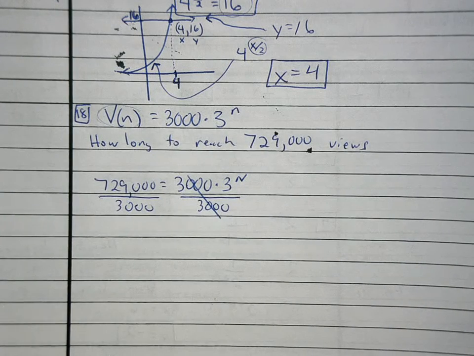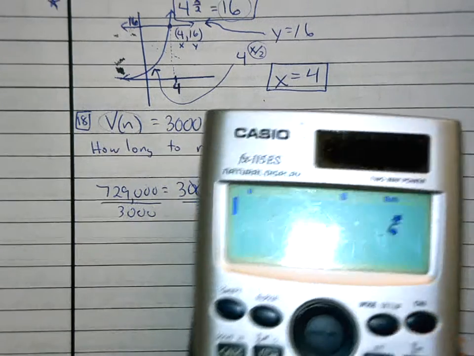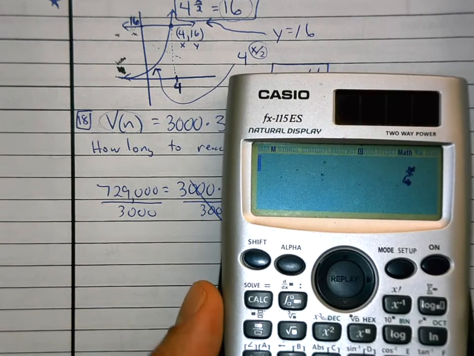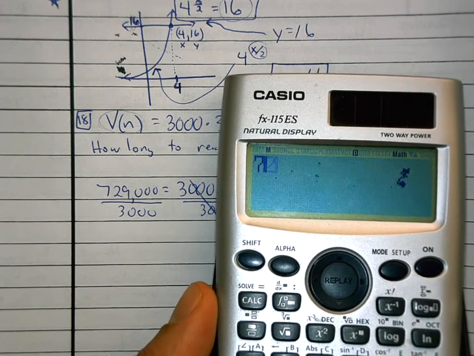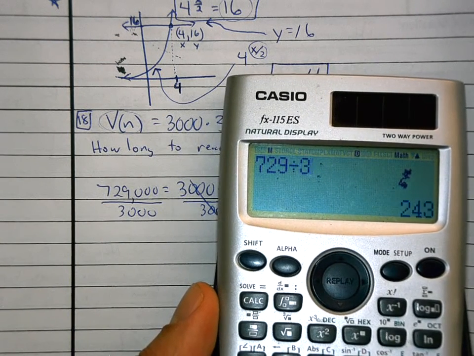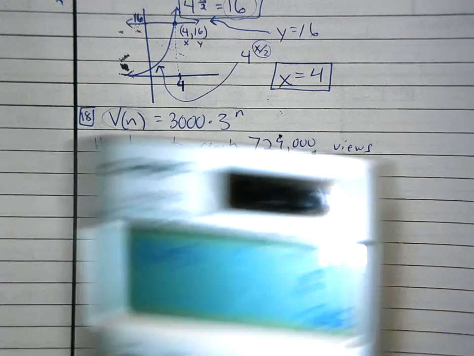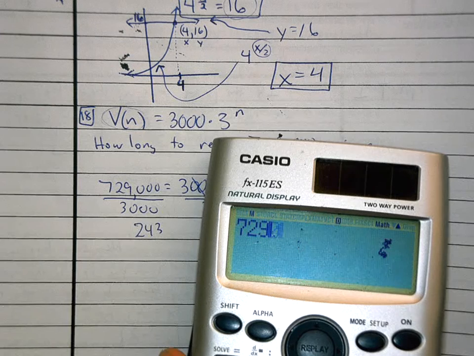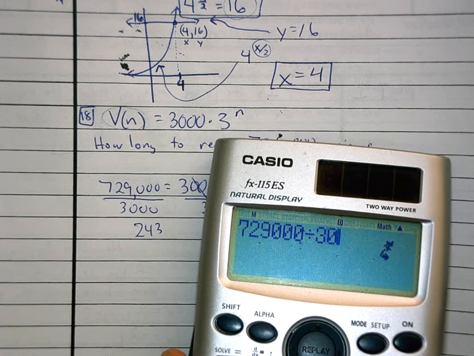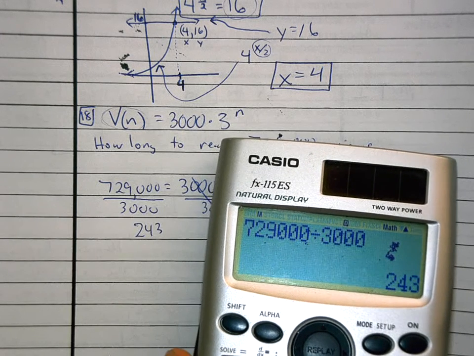That's a big number. I do not expect you to do that by hand. You can use a calculator. 729 divided by 3 is 243. I have a feeling it's going to be 243. Let me check again. 729,000 divided by 3,000 is 243. Good.